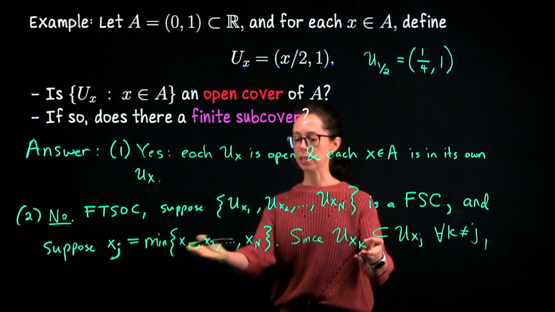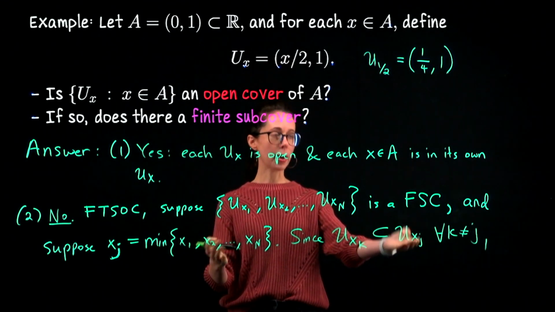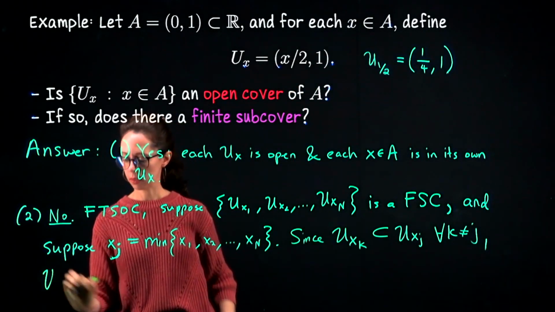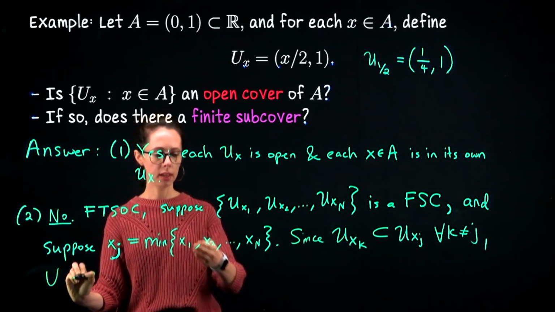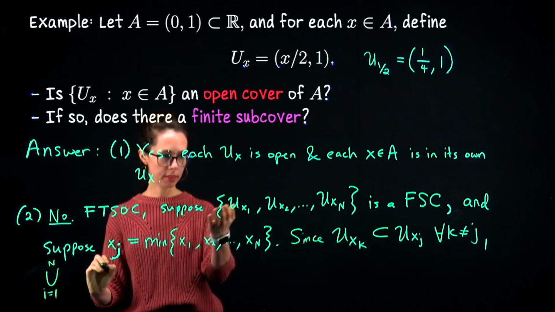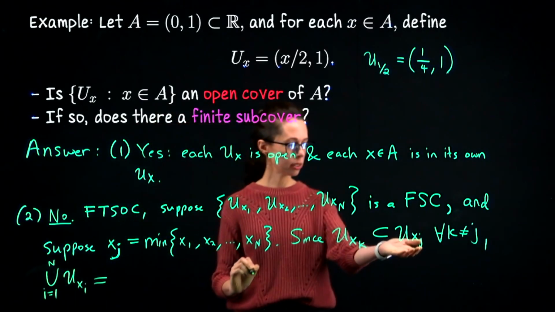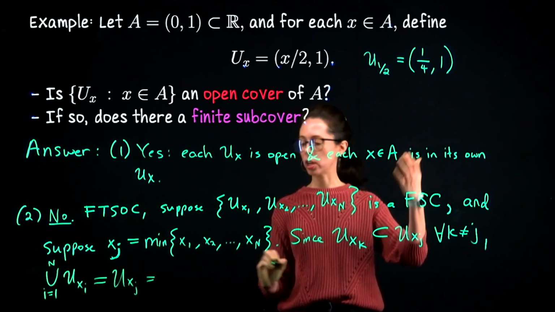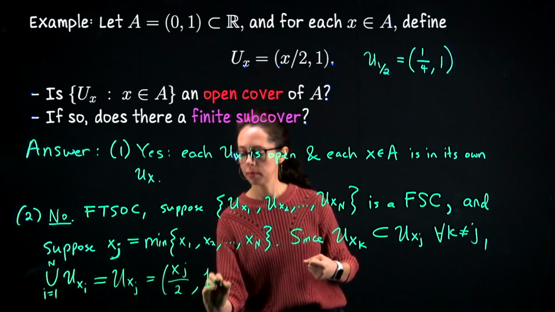Here I'm referring specifically to these points. Since all of the others are a subset of U sub xj, because that's the one that cuts us most to the left, the union, sorry, it's supposed to be a union symbol, the union from i equals 1 through n of these sets, U sub xi, is actually equal to just U sub xj, which is actually equal to xj over 2 through 1.